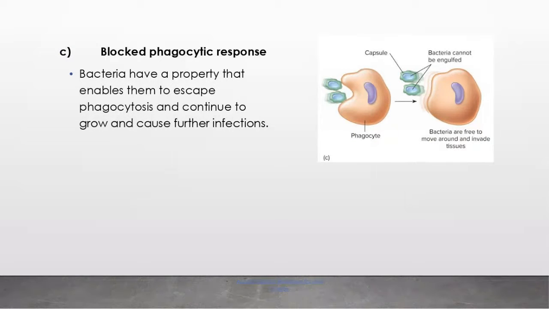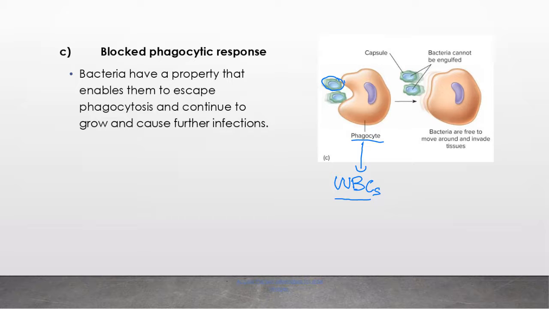There is another virulent factor that some bacteria have, not all bacteria. It is called a capsule. Bacteria that have a capsule are able to protect themselves against phagocytes. A phagocyte is a type of white blood cell that fights infection.